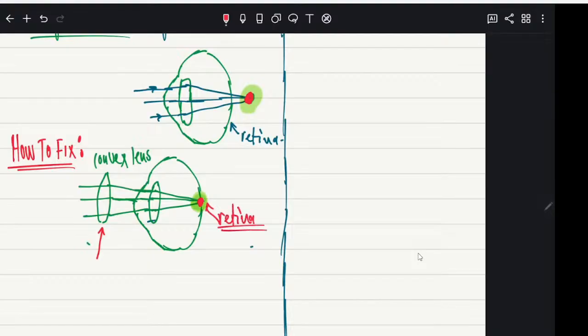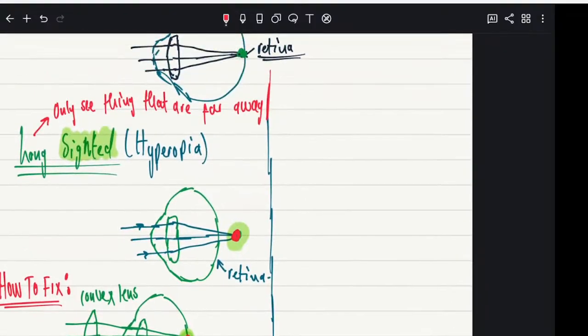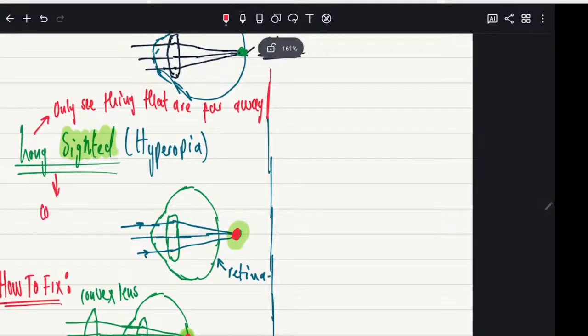Okay? Can you hear me? Okay, good. So that's a convex lens. So long-sighted, you fix with a convex lens.